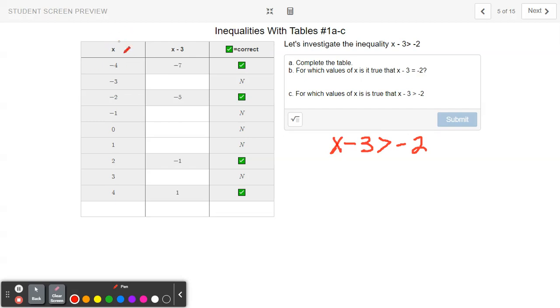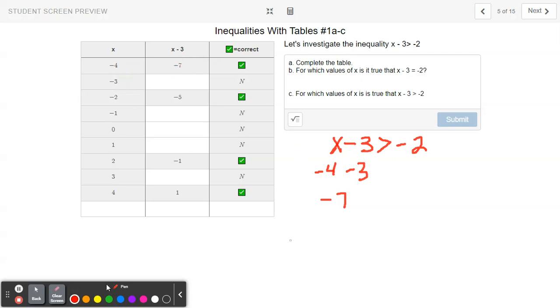All right, so they're saying if x is negative 4, that means for x, we put in negative 4 minus 3. That means this answer is negative 7. And is negative 7 greater than negative 2? No, it's not. So, but this is correct. So, all right, let's look at this.